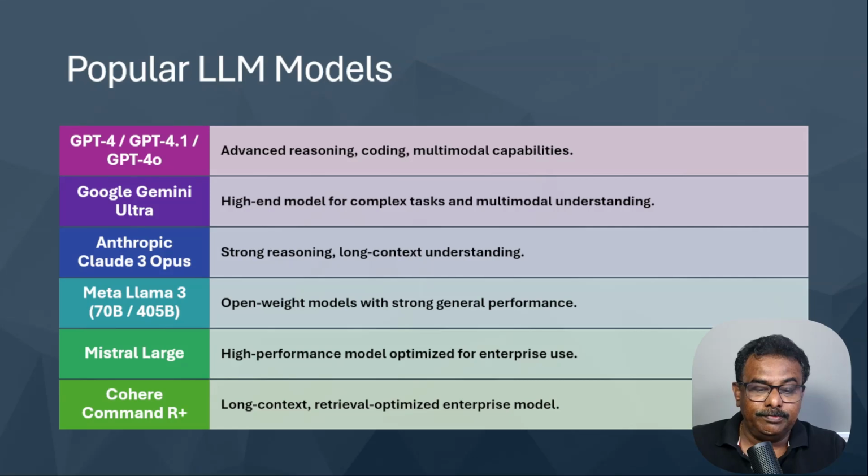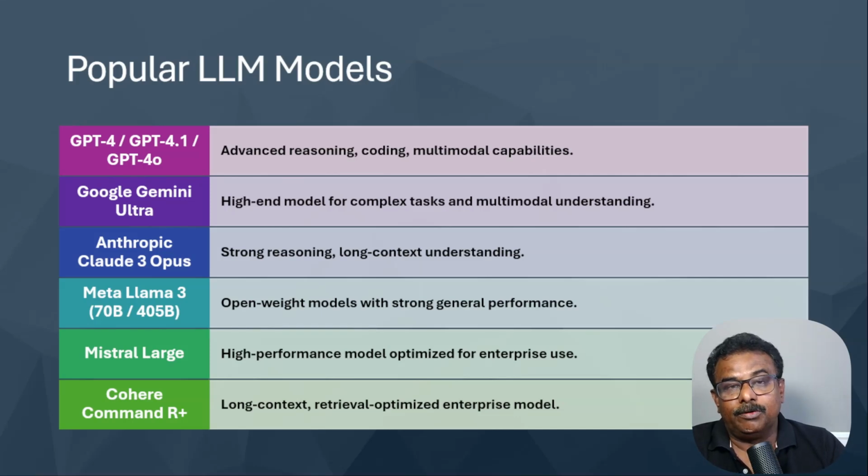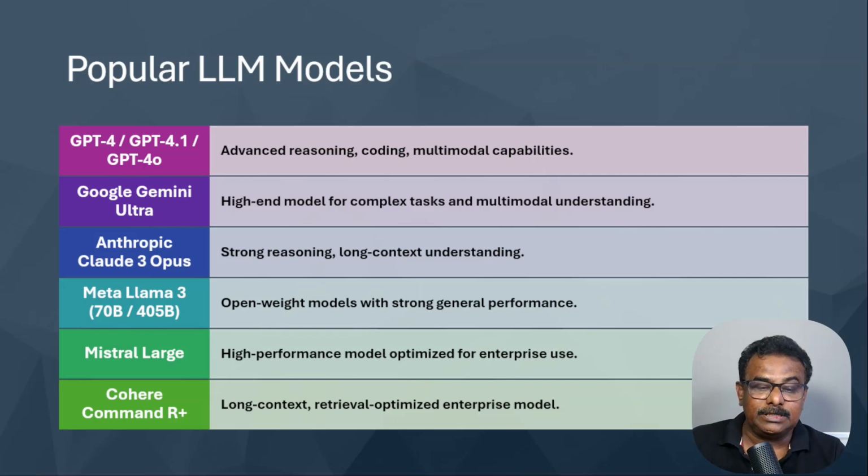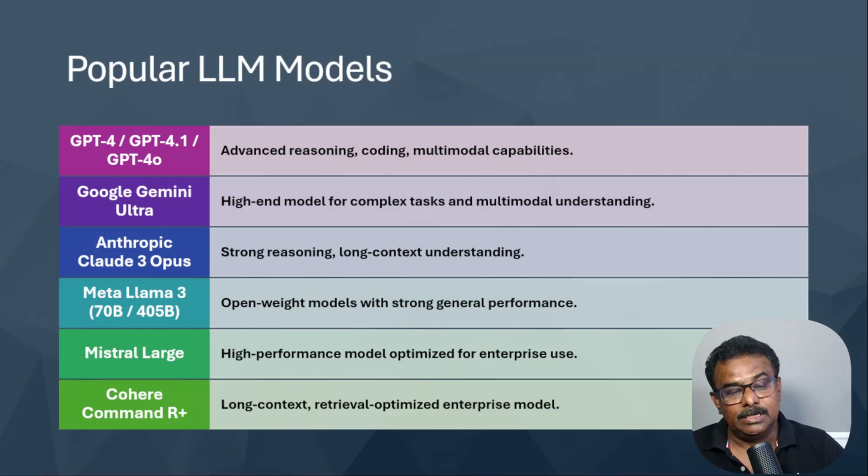A few examples of LLMs, the large language models, are GPT-4, GPT-4.1, Google Gemini Ultra, and others. For example, the GPT-4 group of models are capable of advanced reasoning, coding, and multimodal capabilities.